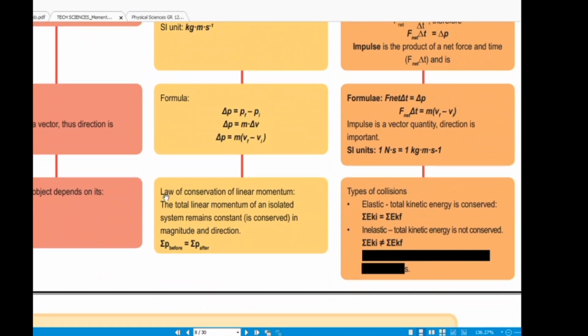Okay. And then we looked at the law of conservation of linear momentum. The law of conservation of linear momentum states that the total linear momentum of an isolated system remains constant in magnitude and direction. Then this will be used to solve our questions related to linear momentum.